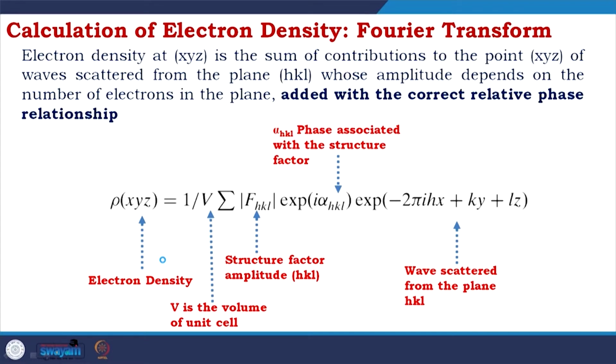So, if we again look at the famous formula which we are continually looking at, rho xyz is the electron density, V is the volume of the unit cell. So, this is rho, this is V, then structure factor, the absolute value of F HKL is the structure factor amplitude, this is alpha, the phase alpha HKL, phase associated with the structure factor, and the wave scattered from the plane HKL.